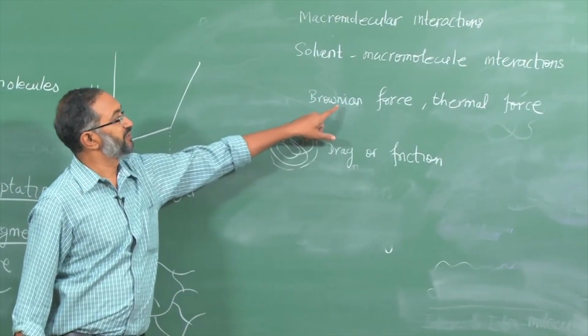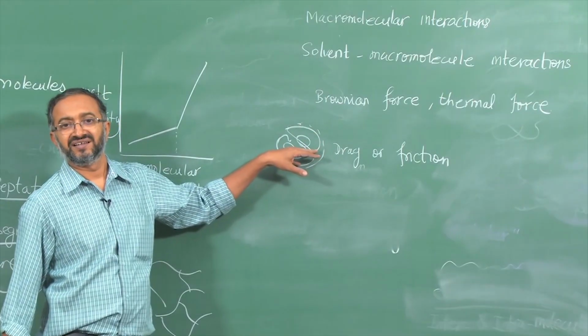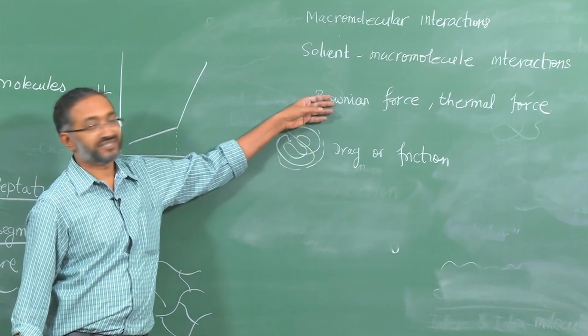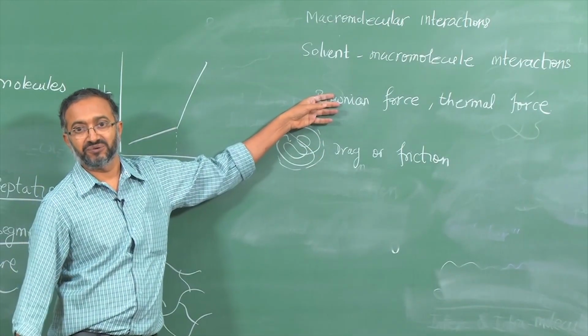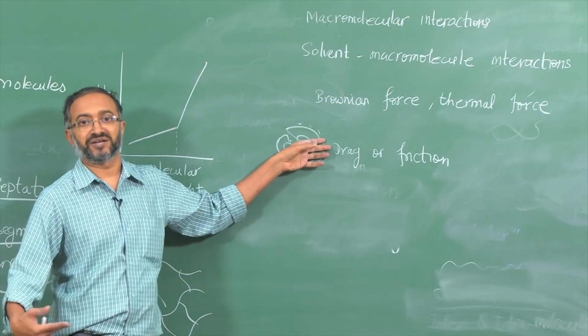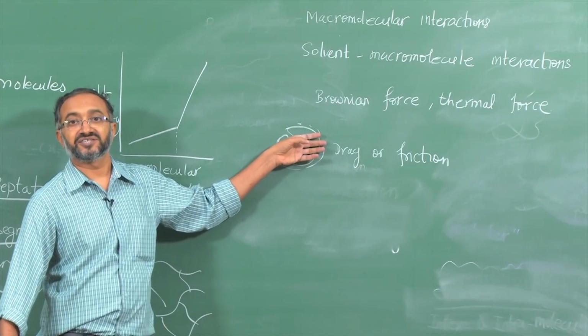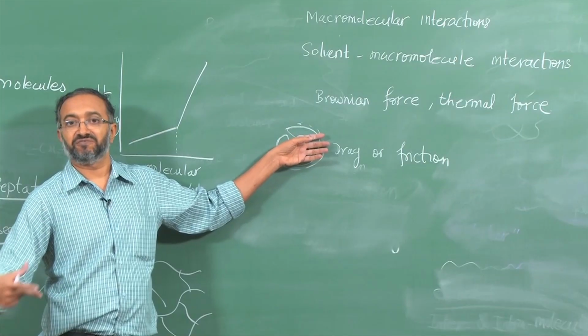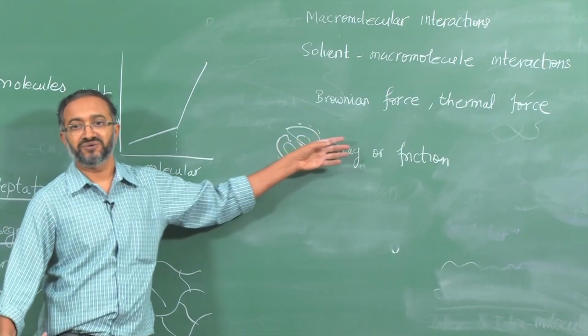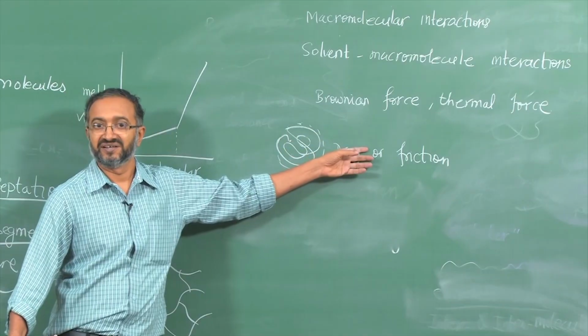Do you see a difference between this and this? This is also interaction between solvent molecule and macromolecule, this is also interaction between solvent and macromolecule. This arises only when the average velocity of the polymer is different compared to the average velocity of the solvent.